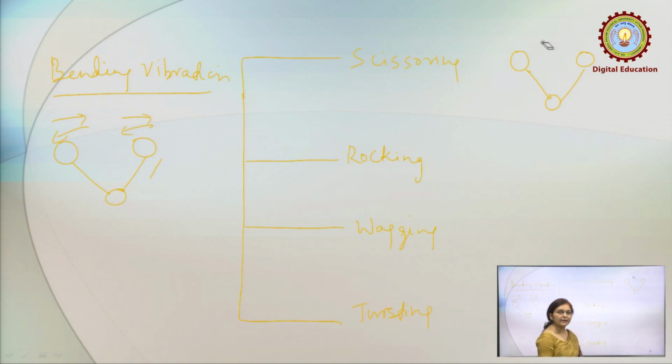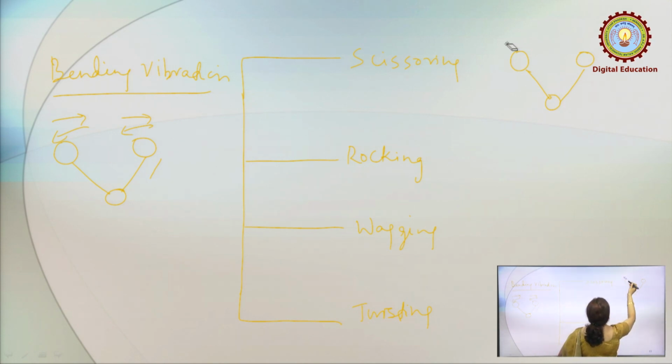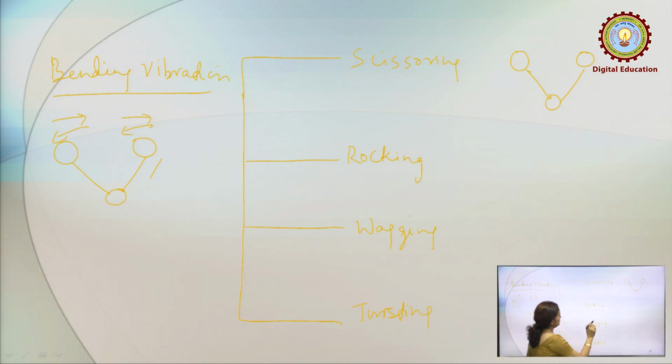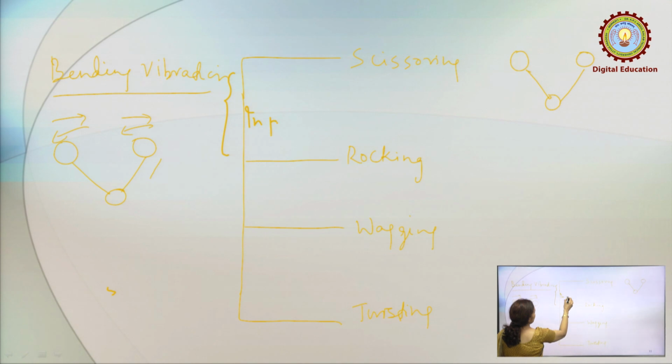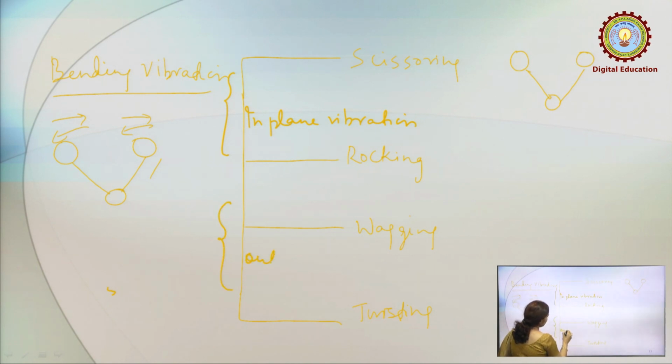Out of the four types of bending vibrations, two vibrations are in plane vibrations and two vibrations are out of plane vibrations.